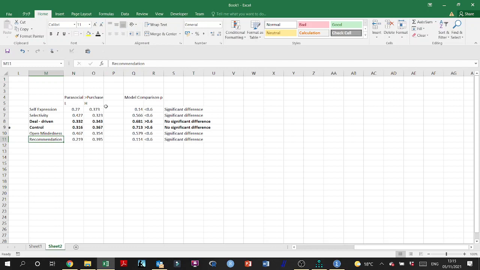Now, let's take a look at the interpretation. High on self-expression, as you can see here, the parasocial relationship really affects their purchase intention. But if you are high on selectivity, then the impact of the parasocial relationship on purchase intention is not as high compared to the low.